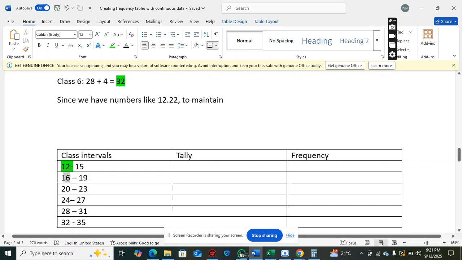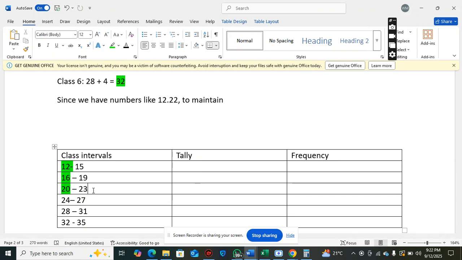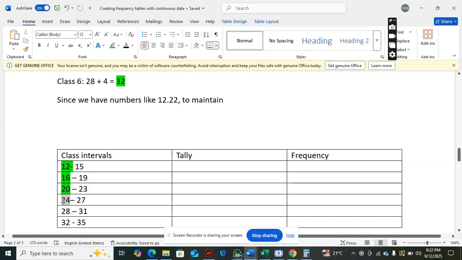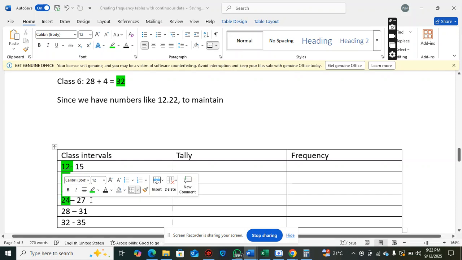The next class has lower limit 16, so 16, 17, 18, 19, 4 numbers. Next class, lower limit is 20. Since the width is 4, 20, 21, 22, 23. 4 numbers.